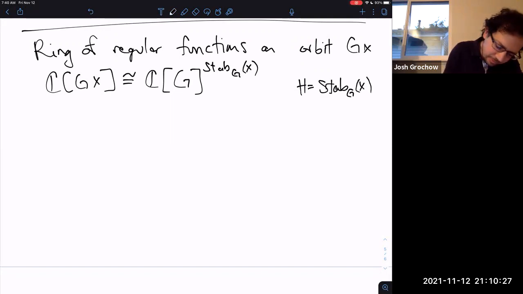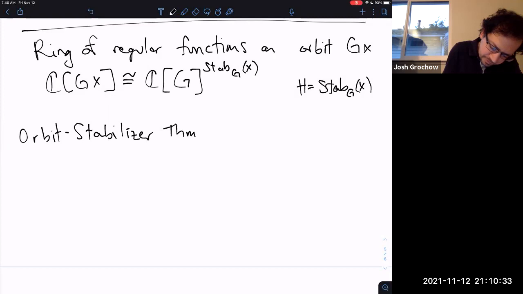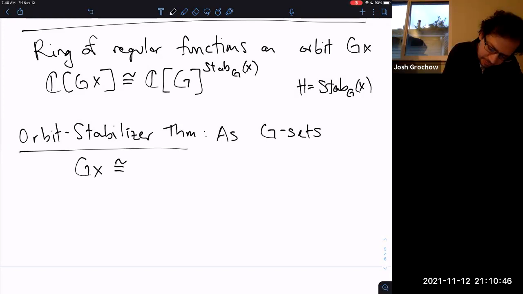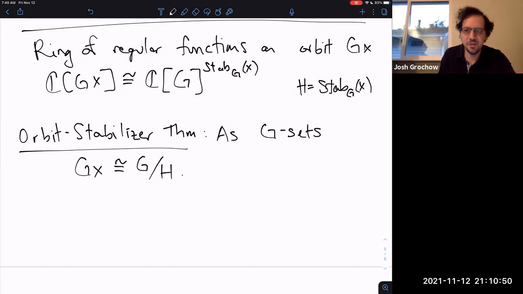And the orbit stabilizer theorem in group theory says that as G-sets, meaning sets with an action of G, the orbit is isomorphic to G mod H, the coset space.